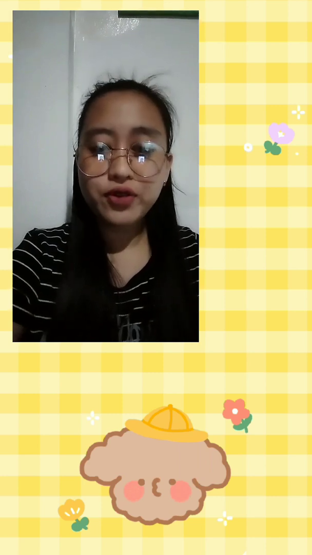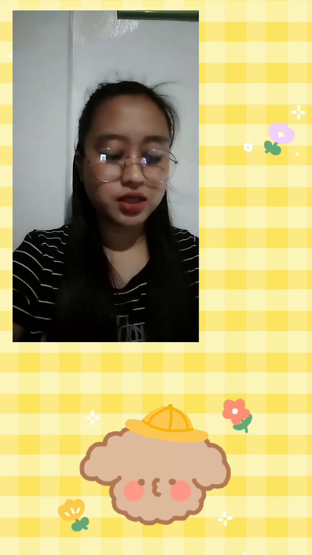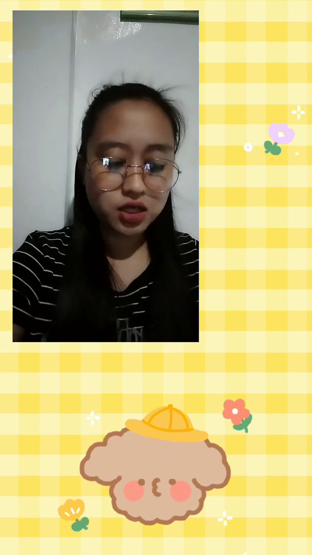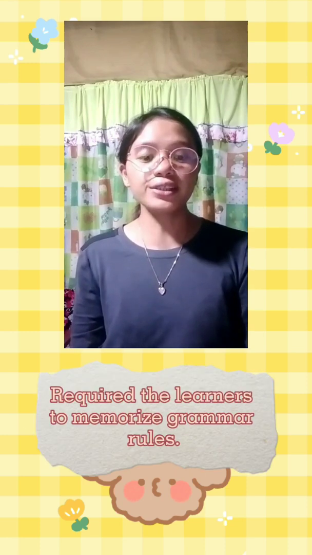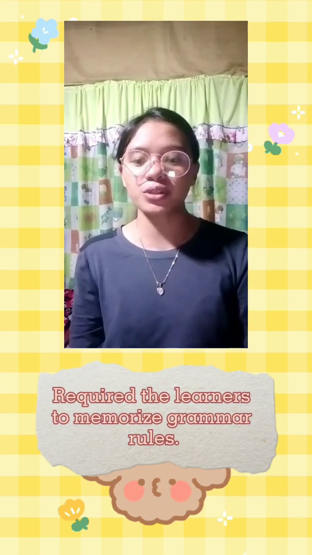However, there were difficulties in implementing CLT principles in the classroom which should be considered by the teacher. It was found that the teachers were tired of using traditional methods that required the learners to memorize grammar rules, so they leaned toward this approach.